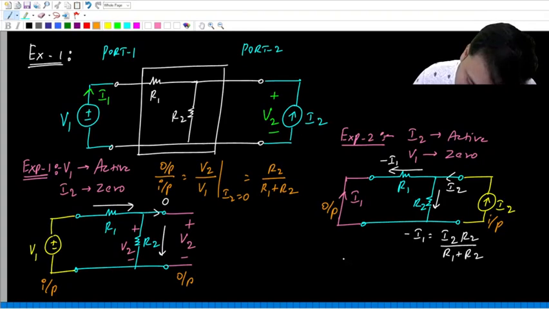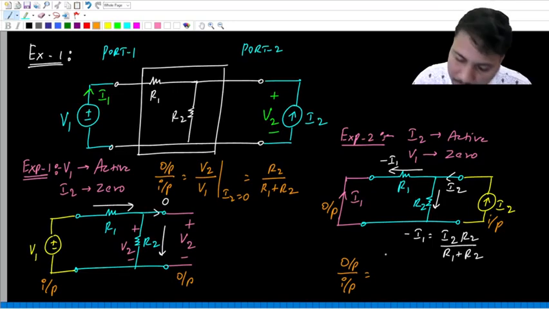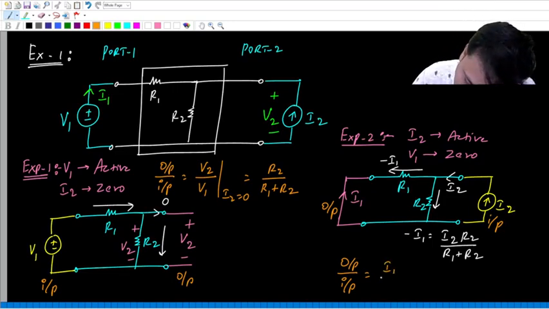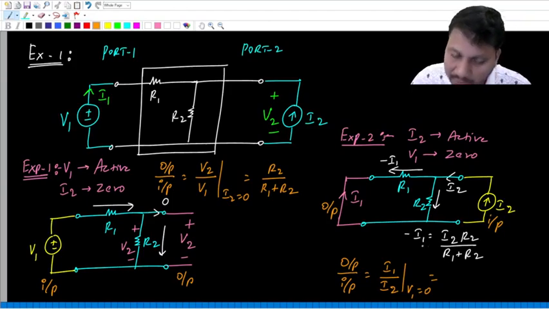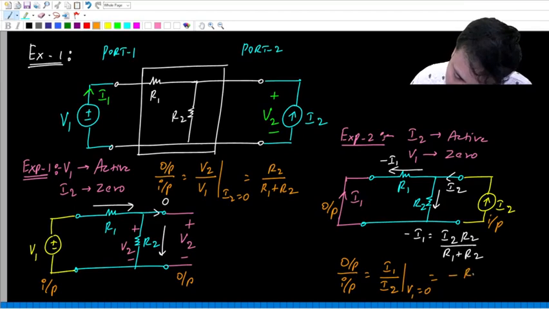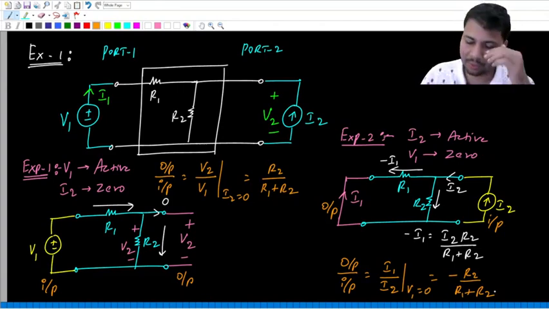And in the second experiment, let us again write the ratio of output to input. Output is I1. Input is I2 when V1 is made 0. So already we have the relation between I1 and I2. So what is I1 by I2? It is minus R2 by R1 plus R2.